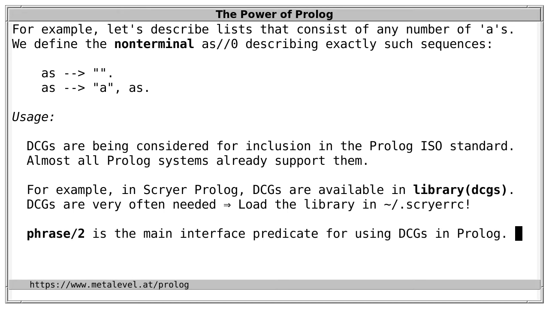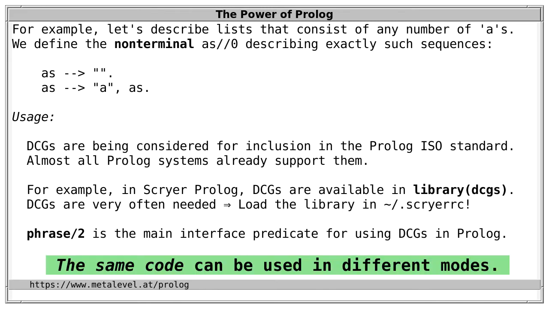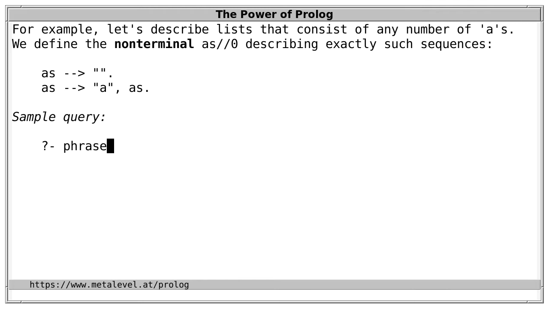And phrase, which we mentioned, is the main interface predicate for using DCGs. And DCGs blend in seamlessly into Prolog, and they also exhibit a characteristic that is typical for Prolog code, namely the same code can be used in different directions or modes. For instance, we can ask, using phrase, about sequences described by the non-terminal A's manifested as a list Ls.